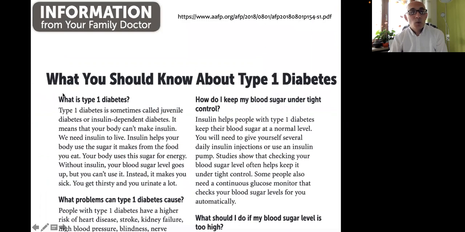Here, what you should know about type 1 diabetes. So this publication is targeting the patients, the people who are supposed to read information about the condition. It may be anything related to health.